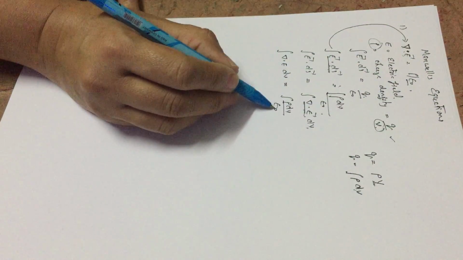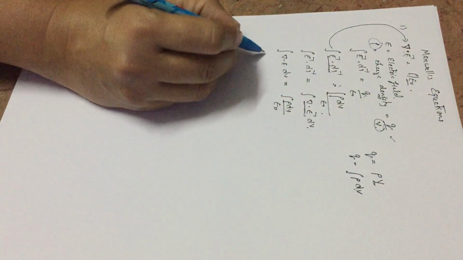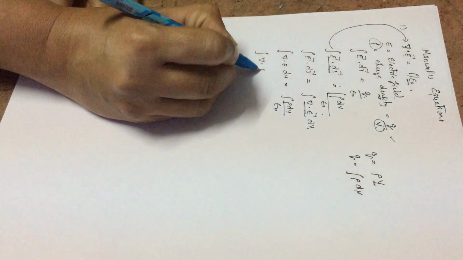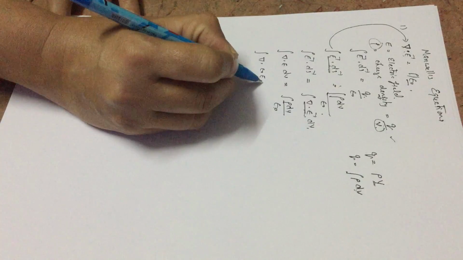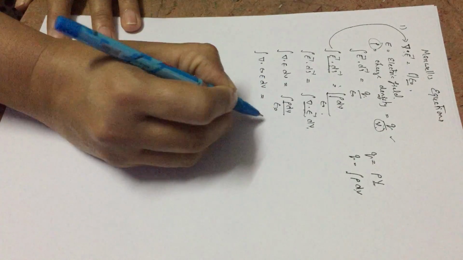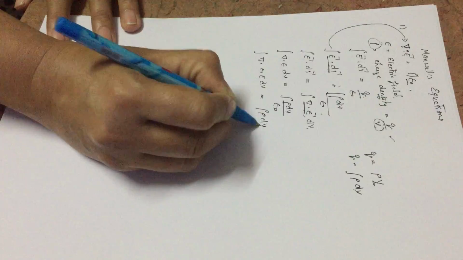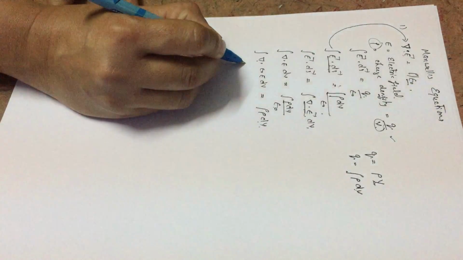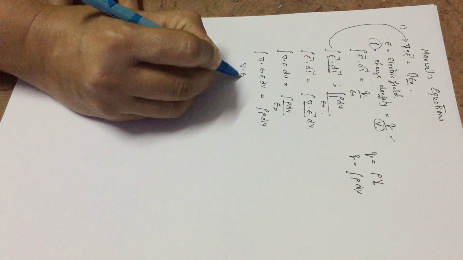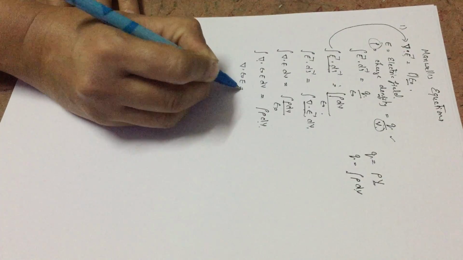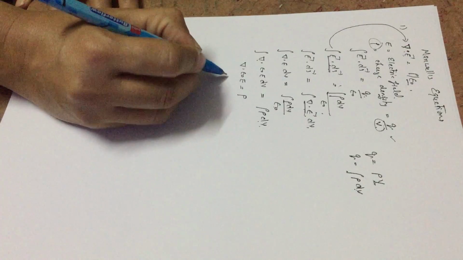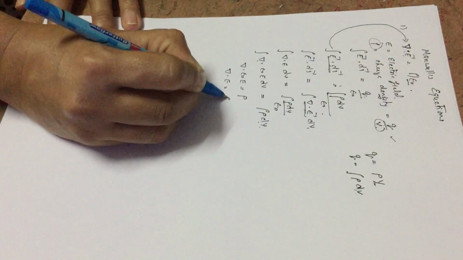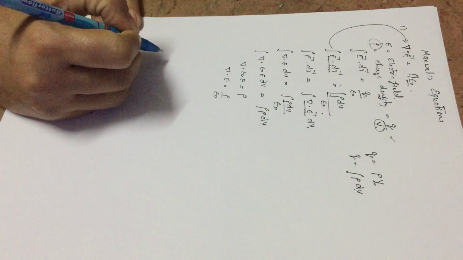If we use this term in the above equation, and cross multiply these two terms, we will get the integral of del dot epsilon naught E dV is equal to the integral of rho dV. On equating both sides, we will have del dot epsilon naught E is equal to rho, or we can say that del dot E is equal to rho upon epsilon naught.